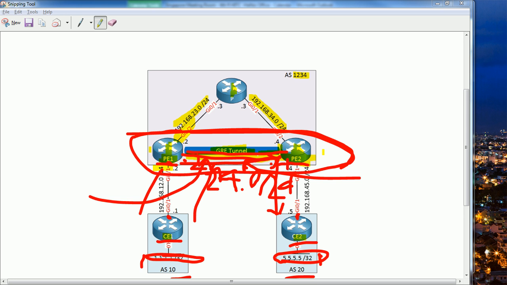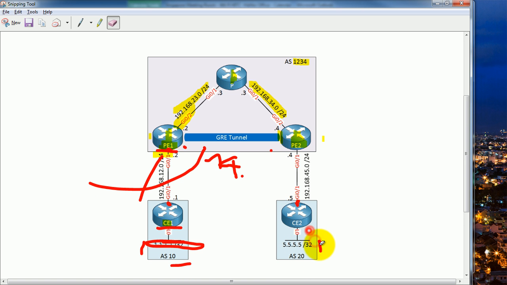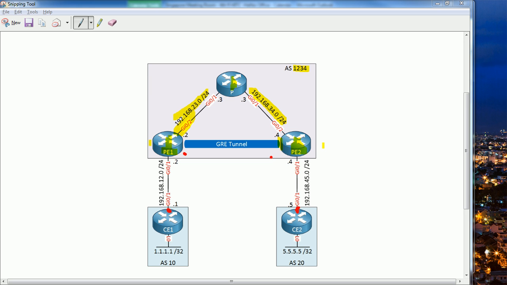MPLS configuration. This is the exciting part. Let's enable MPLS. On P1, we apply it on the interface.